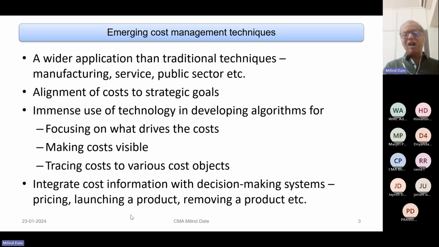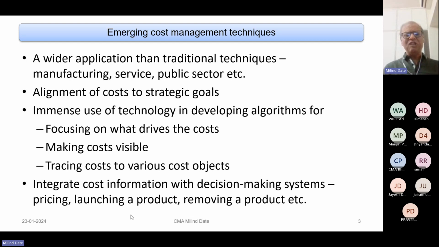So we need to understand the cost of operating a channel, which could never be done using our normal traditional methods of costing. Not only is it interesting, my friends, but it's also very challenging for us first to understand and then to start thinking where it can be applied.